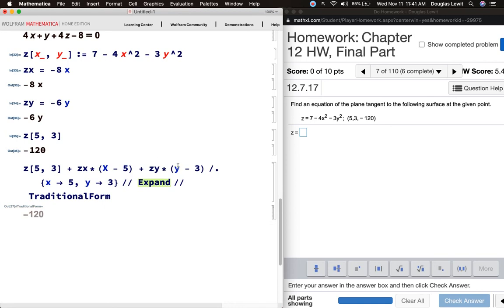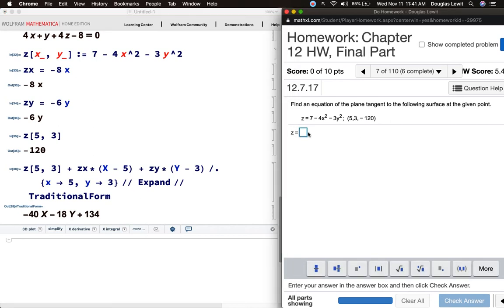I do have to use uppercase letters. Okay, that makes a whole lot more sense. Okay, so z is equal to negative 40x minus 18y plus 134. It should be correct.